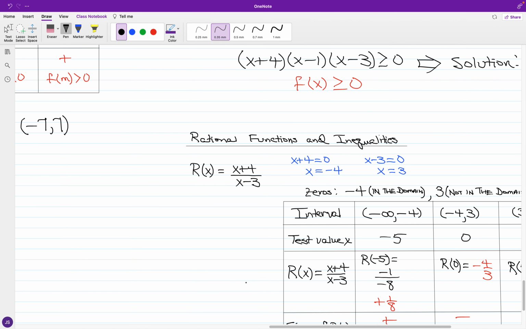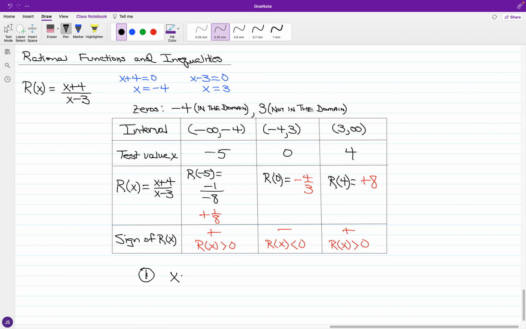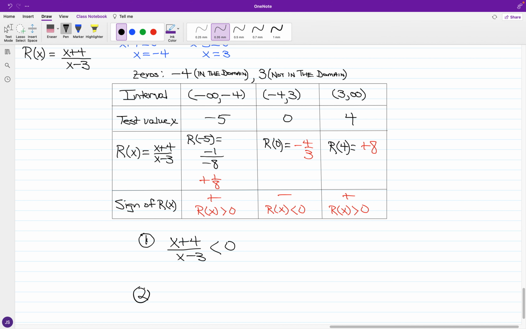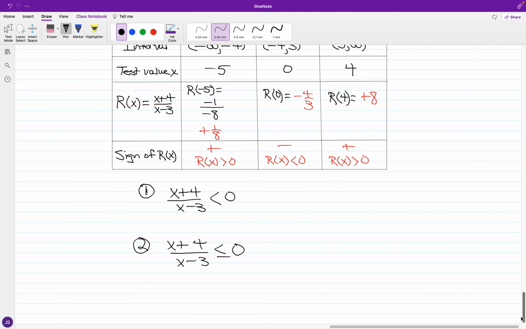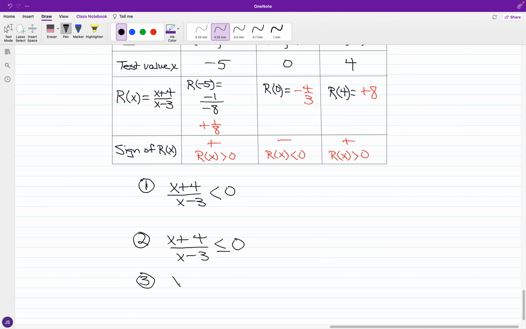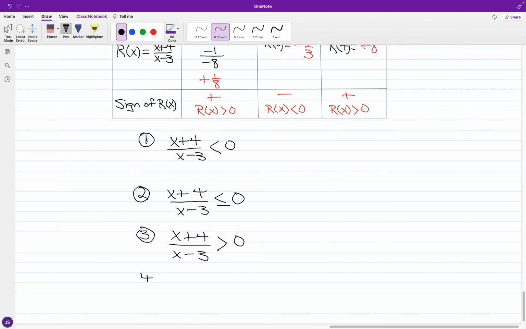First of all, if I have x plus 4 over x minus 3 is less than 0, and I have x plus 4 over x minus 3 is less than or equal to 0, and if I have x plus 4 over x minus 3 to be greater than 0, and x plus 4 over x minus 3 to be greater than or equal to 0.